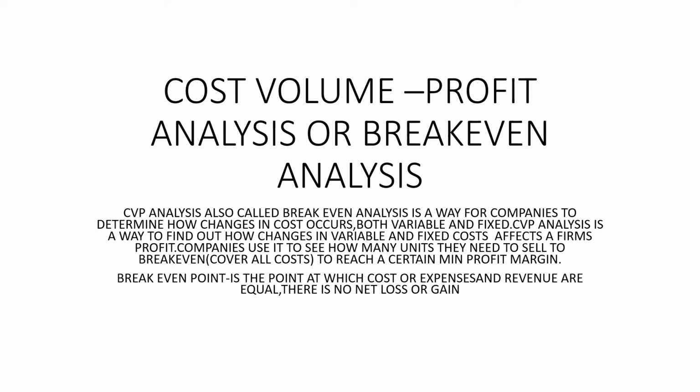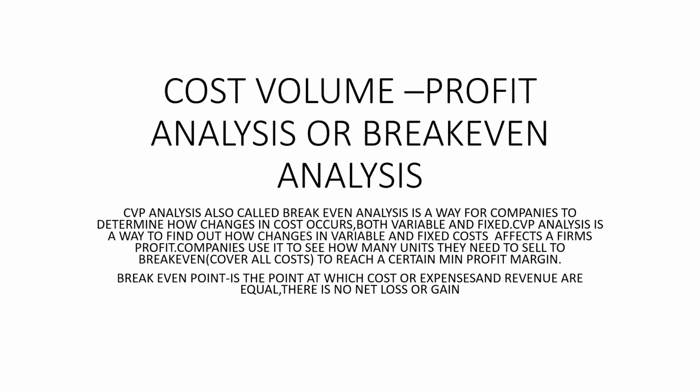CVP analysis, also called break-even analysis, is a way for companies to determine how changes in cost occur, both variable and fixed. As we know, there are two kinds of cost. One is variable cost and one is fixed cost. CVP analysis is a way to find out how changes in variable cost affect a firm's profit.